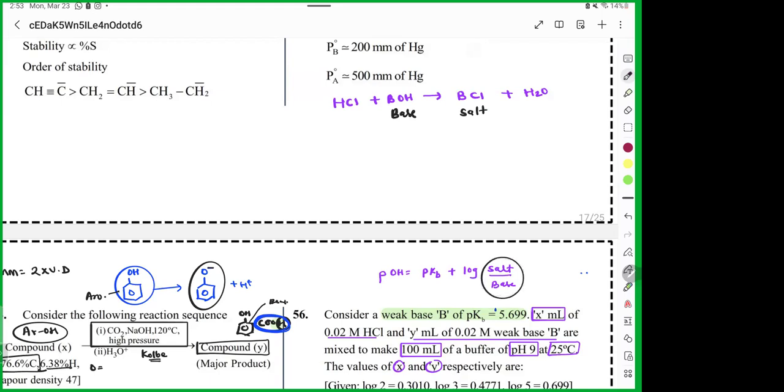We need only these two, correct? If you have X amount of this, Y amount of this, this is 0 at T time 0. At T time, it will become Y minus X and your acid will be converted to this. Right? Any doubt? Okay. Put the values in this equation.